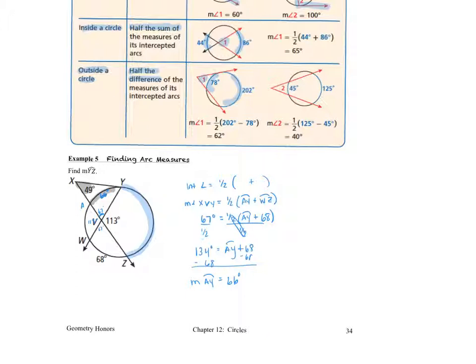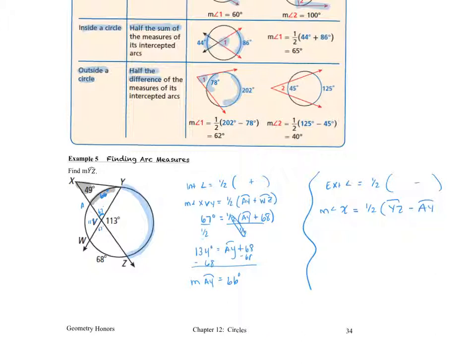And now with the exterior angle, it's equal to 1/2 of the two arcs subtracted from each other. So meaning the measure of angle x is equal to 1/2 of arc YZ minus arc AY, which we just found.